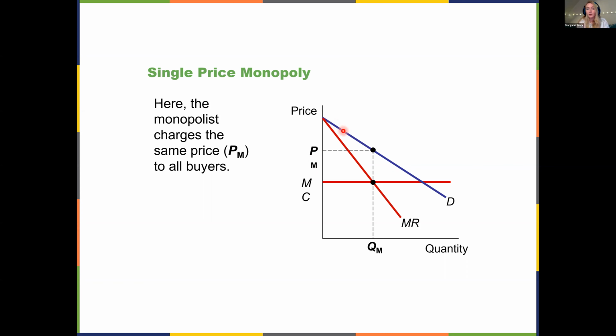These people are willing to pay this price and this price for this good that the monopoly is producing, but they only have to pay this price. So even though it is much higher than what it would be in perfect competition, there are still a few people that would benefit from paying this price. They would get some consumer surplus from this price. So consumer surplus is the triangle below the demand curve and above the price that's being charged.